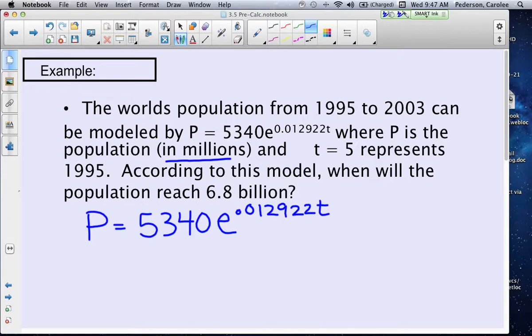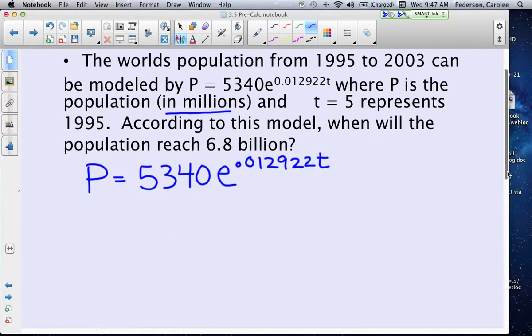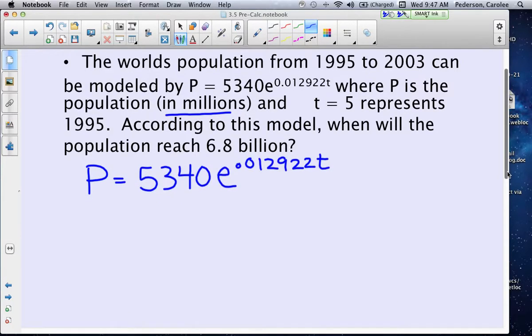So we're going to work through this problem. Again, what I want you to have written down so far is the equation, the formula. We're going to let t equals 5 be 1995, and we're going to refer back to that later. So when t equals 5 in this formula, we're at 1995.